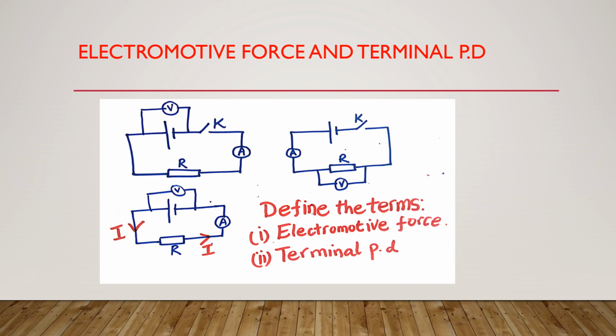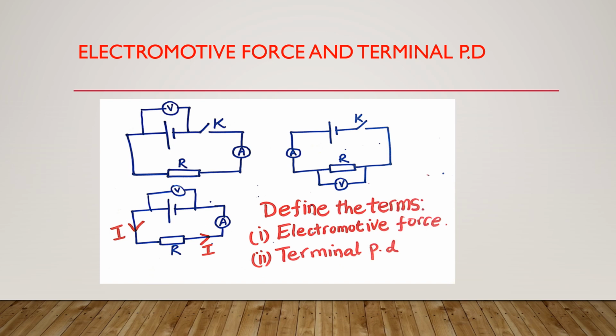That reading is what we refer to as the electromotive force of the cell. So the electromotive force is defined as the potential difference across the ends of a battery when it is not producing a current. In diagram 1, the battery is not producing a current because the switch is open. Even in diagram 2, it is again not producing a current because the switch is again open.